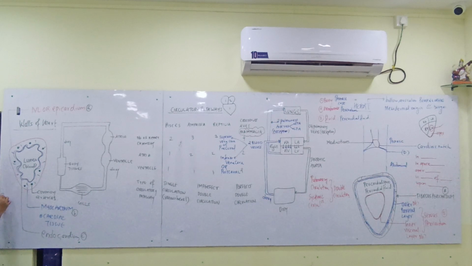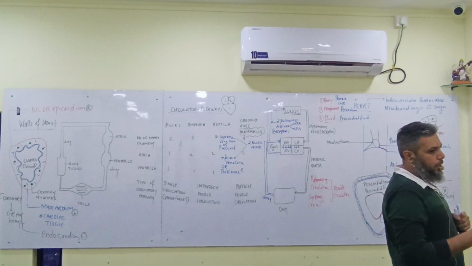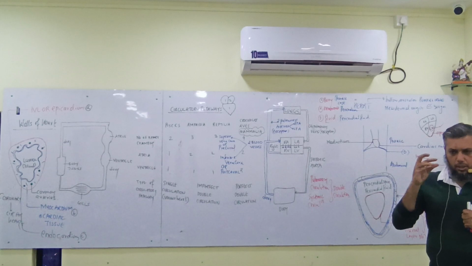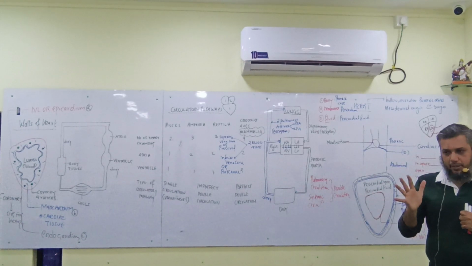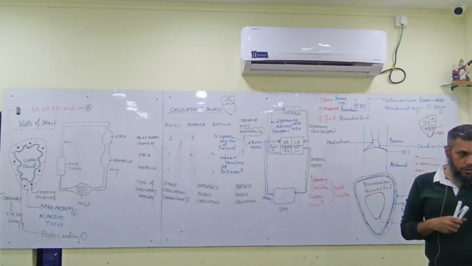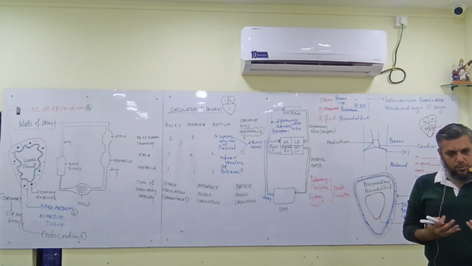This coronary circulation is a separate circulation for the heart itself. So does the myocardium use the blood directly from the lumen? No, it uses the blood that is provided to it by the coronary blood vessels. That is why I told you the blockage in the coronary artery is deadly for the myocardium. It can cause a heart attack. If there is fat deposition in the coronary artery, oxygenated blood to the muscle will decrease.